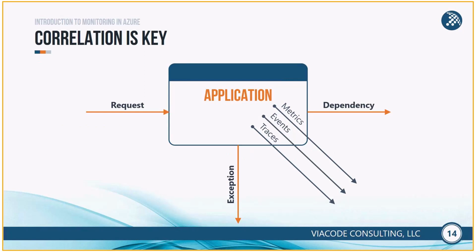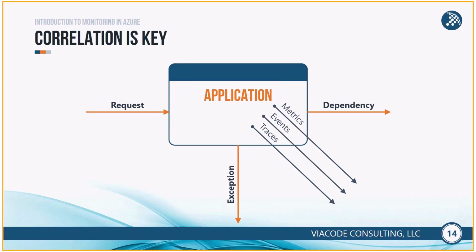Application Insights will automatically collect for you all these incoming requests, outgoing dependency calls, and all the exceptions. Moreover, if you want to expose some type of metrics, you can use the Application Insights SDK to expose that. If you want to expose some type of usage events, there is a telemetry type for that. And if you use, let's say, Winston logging or Logback in Java, you could channel all those logs to Application Insights in the form of a trace.